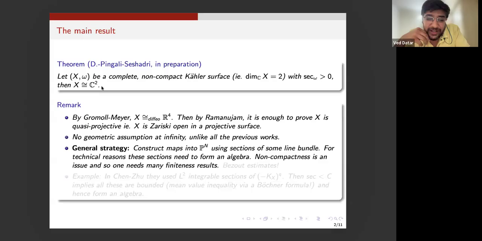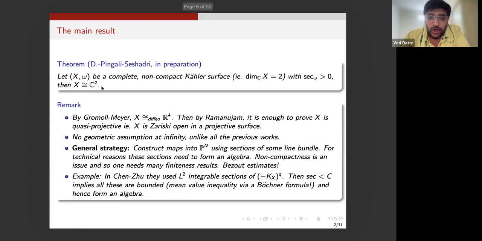So one needs many finiteness results, right? And there are essentially various versions of Bezout estimates. Vamsi already referred to one such estimate in our previous work. So essentially, the key point, even in this new work, is to obtain sufficiently good Bezout estimates.